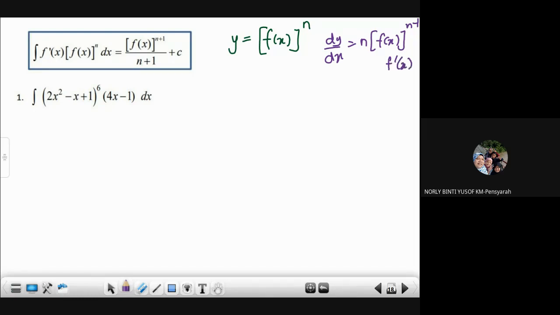Betul tak? Tapi dekat sini you tak boleh reverse sebab konsep of power rule, kita tak boleh samakan sebab kat sini n dia minus 1, sini n dia darab. So kita tak boleh buat proses reverse.